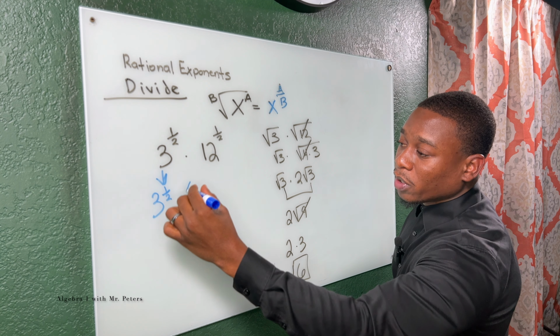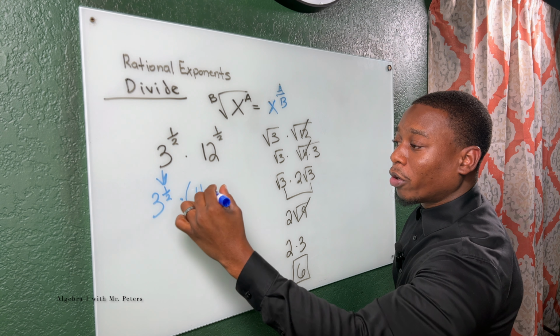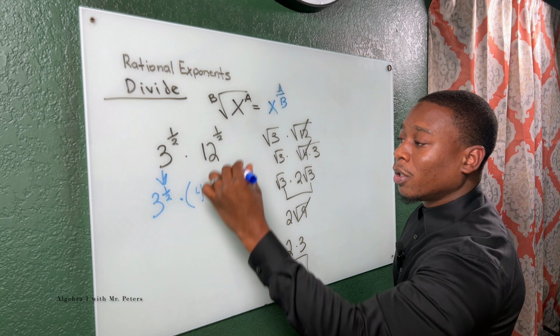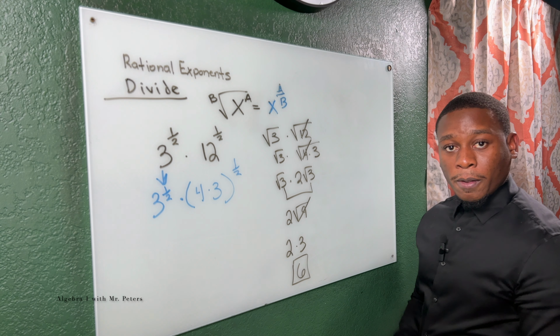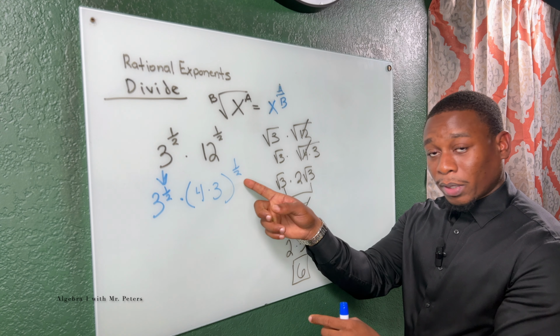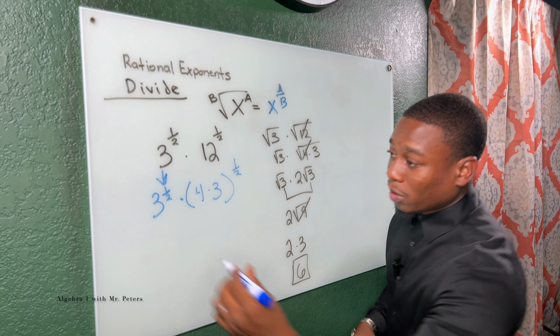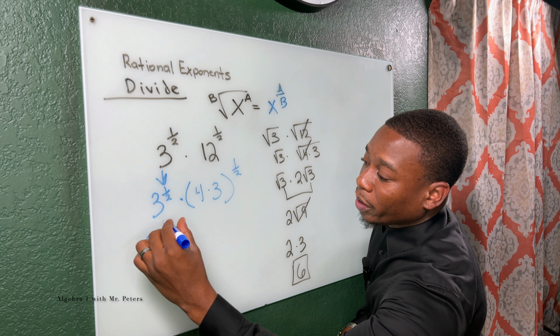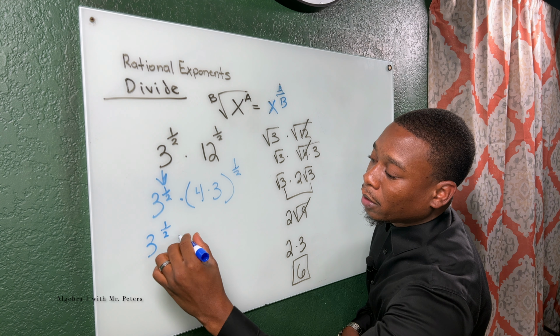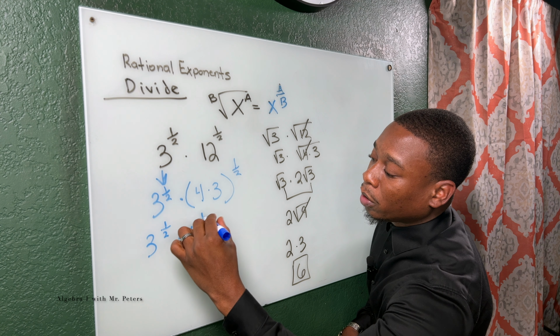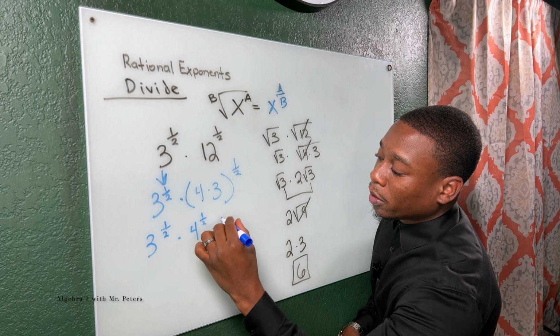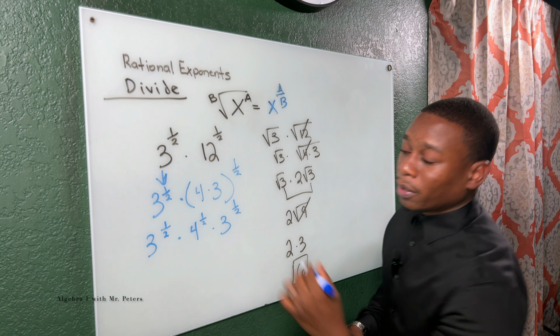So remember, the form's going to look different. It's going to be 4 times 3 to the 1/2. Now at this step, I'm going to apply this exponent to both of these. So I have 3 to the 1/2 times 4 to the 1/2 times 3 to the 1/2 again.